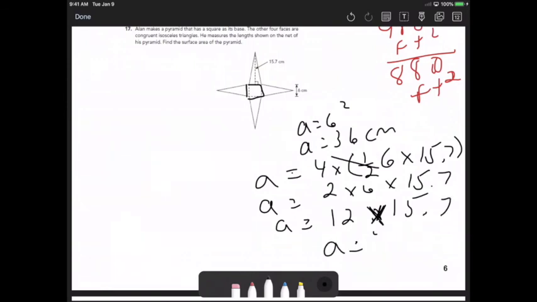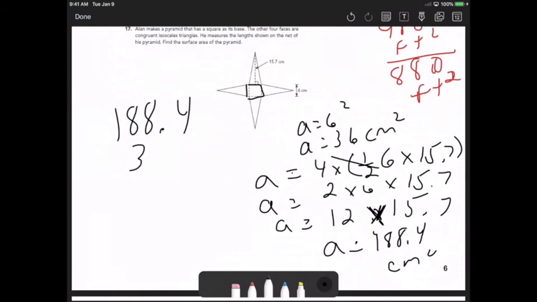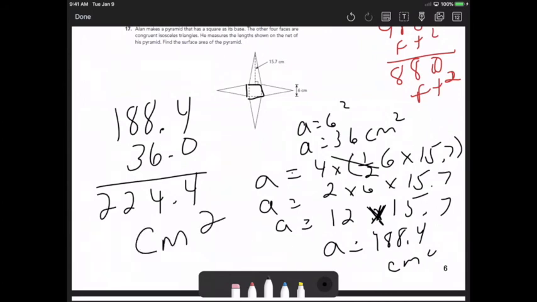Area will equal, let me just do it on my calculator, 188 and 4/10 centimeters squared. And this should be squared up here too. All right, so we add 188 and 4/10 plus 36. So it's 224 and 4/10 centimeters squared.